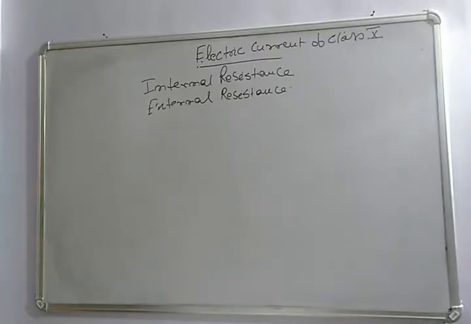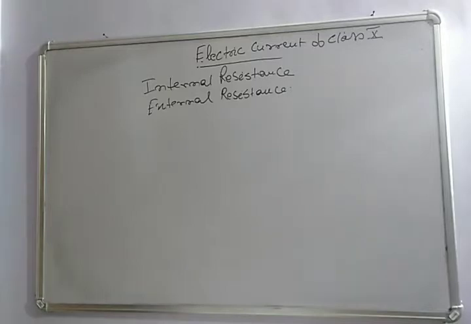What do you mean by internal resistance? Internal resistance of a cell is defined as the resistance offered by the electrolyte and electrodes of a cell when electric current flows through it.